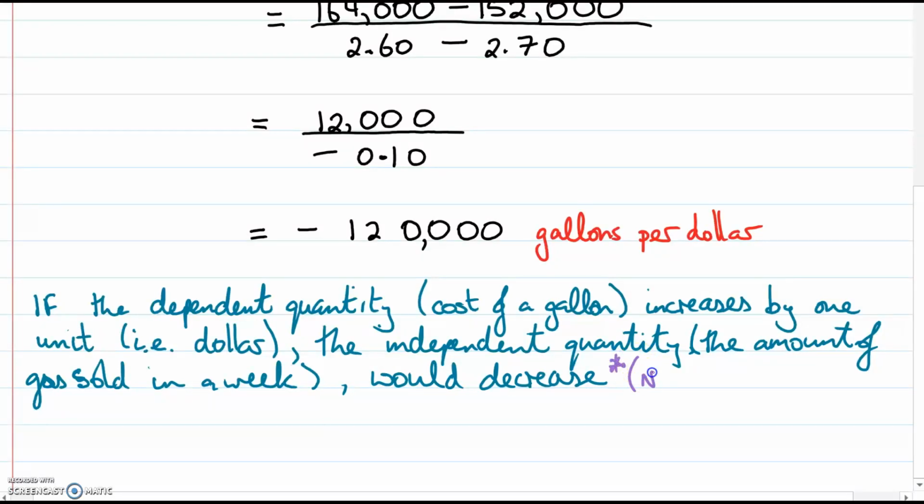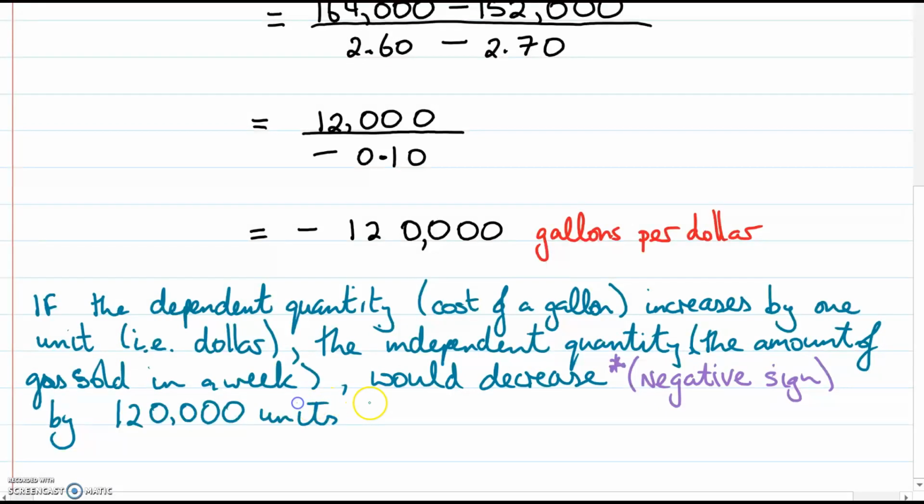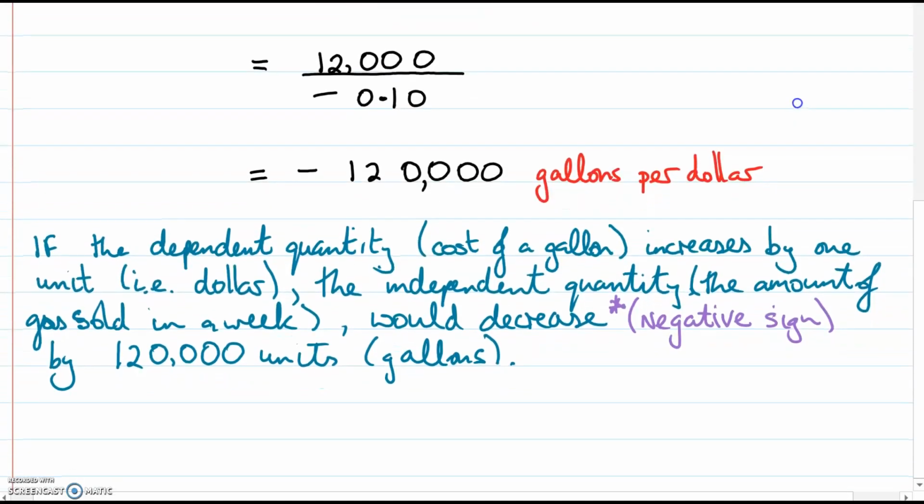The decrease comes from the negative sign. It would decrease by 120,000 units, or gallons. So that's the answer to the problem.